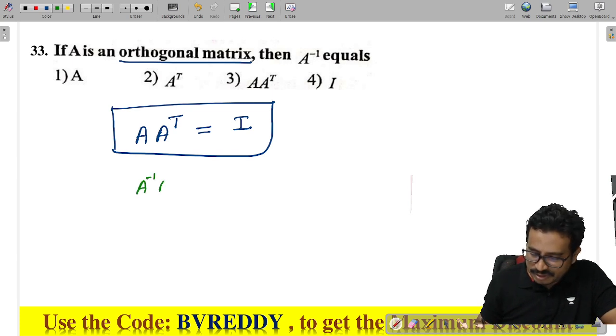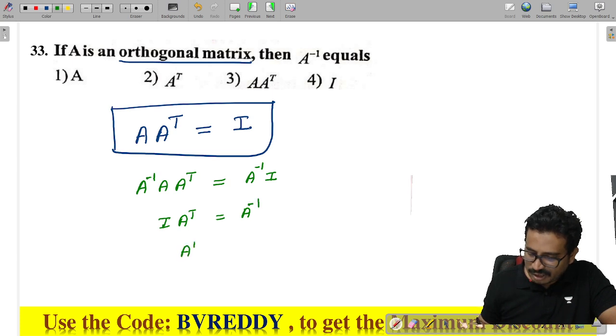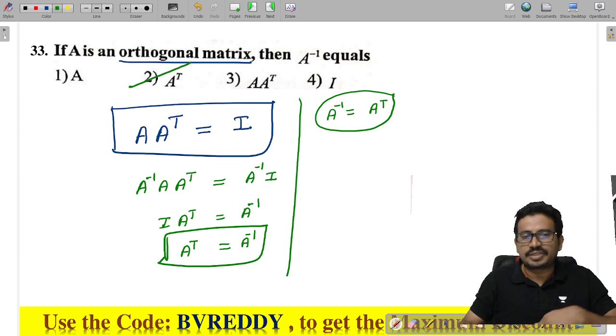That is A inverse into A transpose, which is given as A inverse into I. So you can see here A inverse into A is nothing but the I matrix. I matrix into A transpose, which is nothing but A inverse. This is my A transpose, which is equal to A inverse. So for the orthogonal matrix, the inverse of the matrix is simply its transpose only.